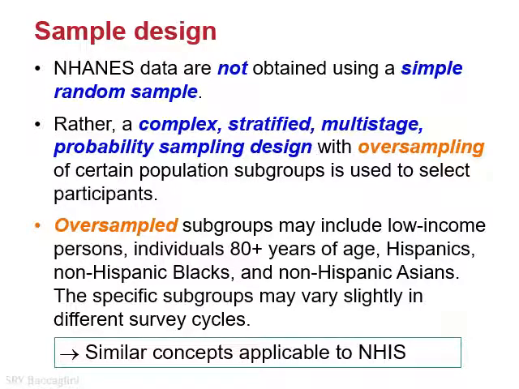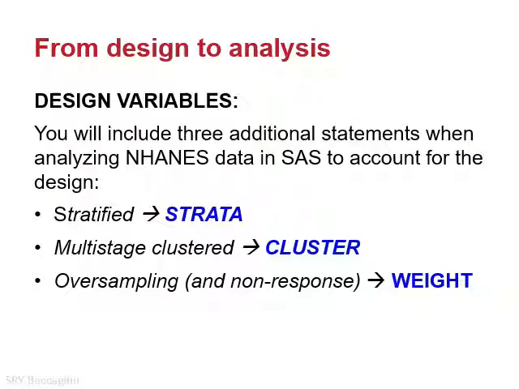So all of these concepts are really similar across different surveys, and once you learn one survey well, the other surveys will be very similar. And so the design affects the analysis. Because in ENHANCE we use a stratified, multi-stage clustered design with oversampling, and we also will have some non-response, there will be 3 design variables that you will need to use every time you analyze enhanced data.